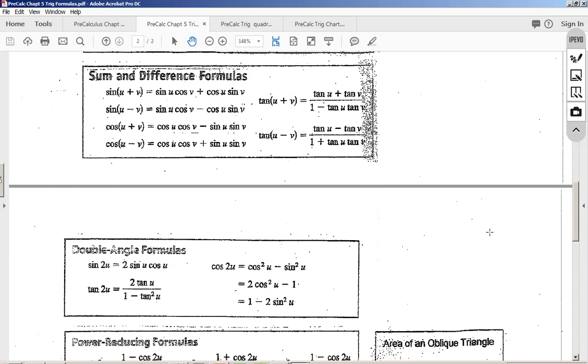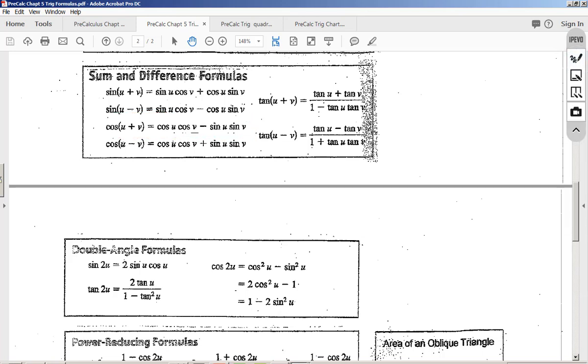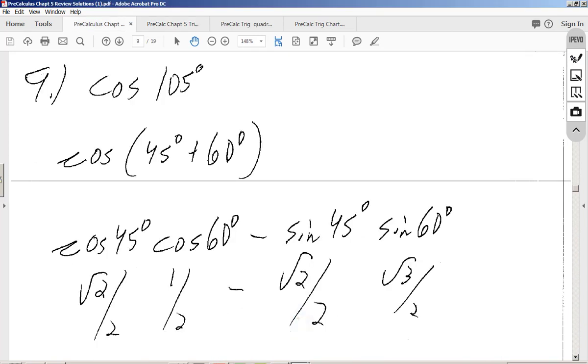And in those sum and difference formulas, I notice here is the cosine of u plus v. That's the formula that I'm going to follow, and apply that to my 45 plus 60. So using that formula, I'm going to go back to my review here.